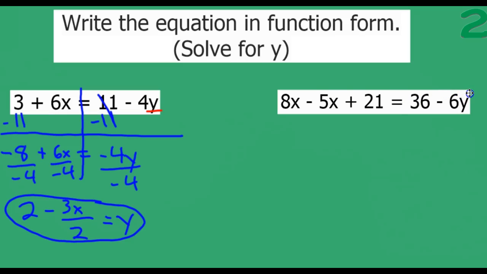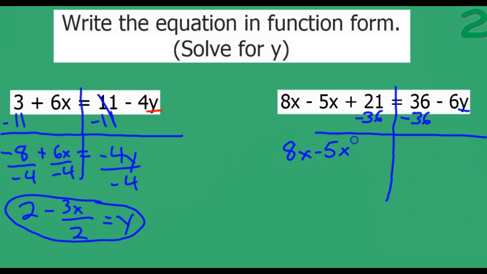Here again, it looks like I just have to move over one thing. So I'm going to move over the 36. Now what I have is 8x minus 5x, 21 minus 36 is going to give me negative 15 equals negative 6y.